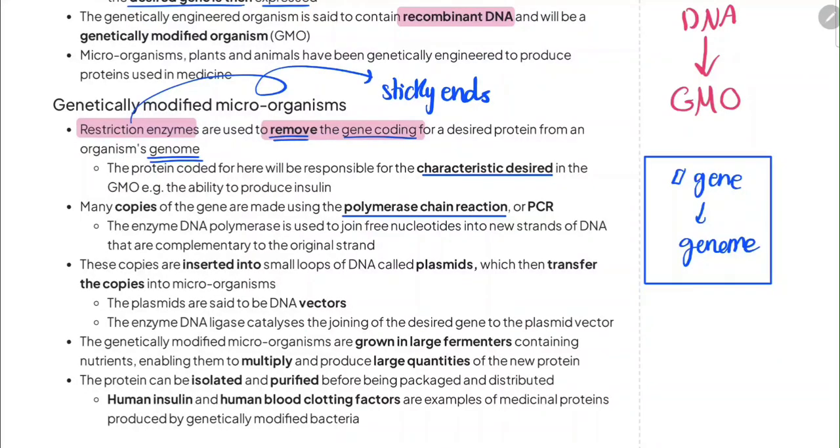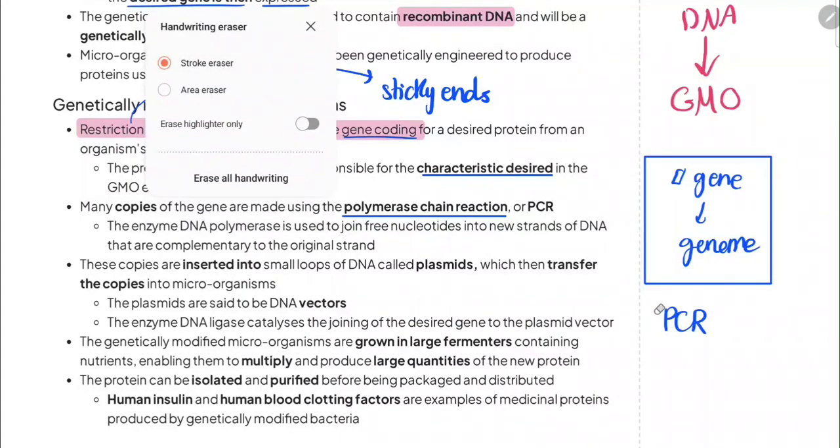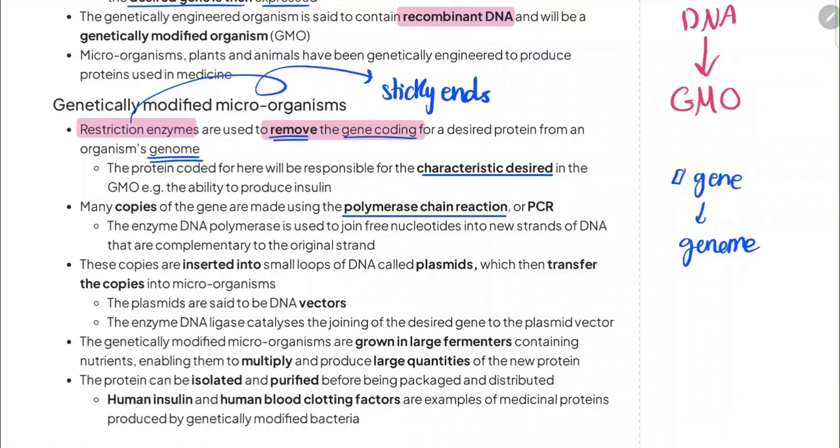I'm going to produce many copies of the same thing using the polymerase chain reaction. And as you guys remember in Unit 4, we've got also the polymerase chain reaction where we can produce more copies of the gene. I hope this was simple, and let's continue.